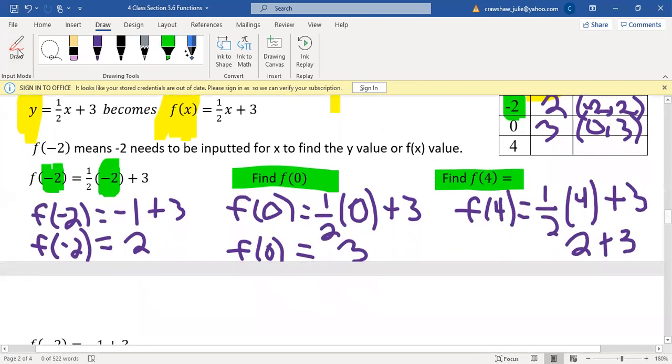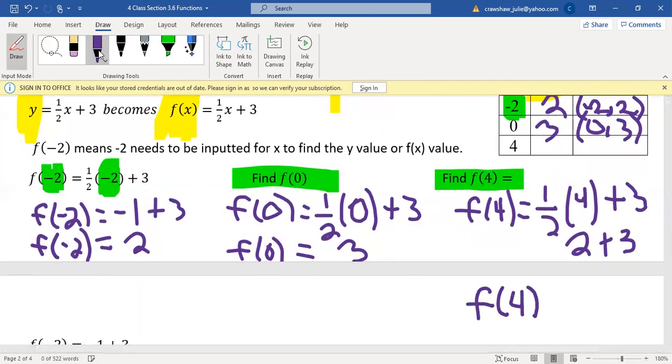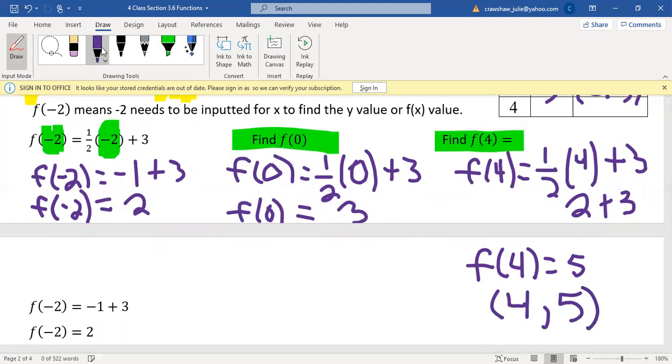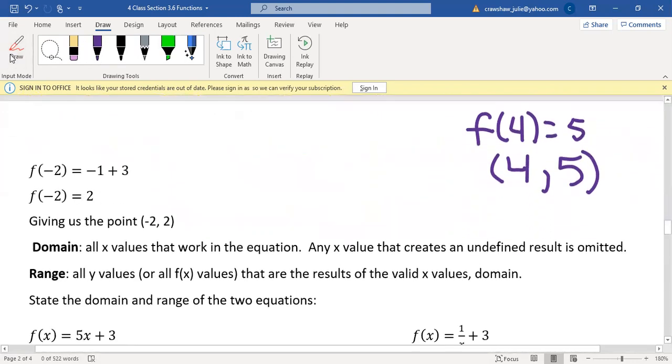So therefore, f of 4 equals 5. Or in other words, when my x value is 4, my y value is going to be 5. So that is function notation. And you'll see more of that in college algebra or pre-calculus algebra.